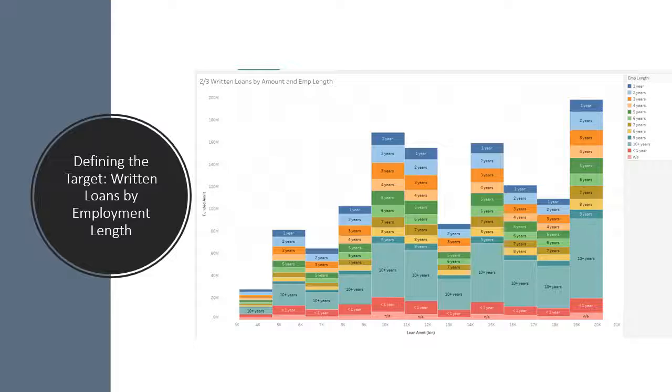Next, we continued the same pattern, again excluding any of the data below $4,000 or above $21,000, and this time colored the stacked bar graph by the employment length. There are far more options here for the borrowers, from as little as 1 year to as much as 10 years.